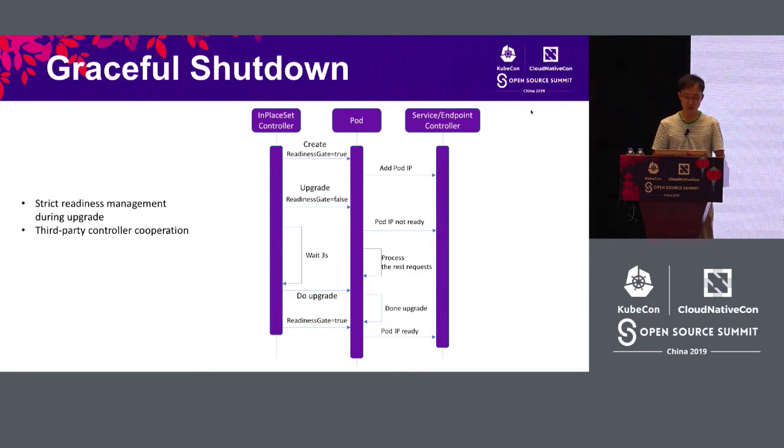So the InPlaceSet controller layer is selected for the graceful shutdown. We have the routing shut down first, and then we reach the pod for the graceful shutdown, and we use the ReplicaSet.